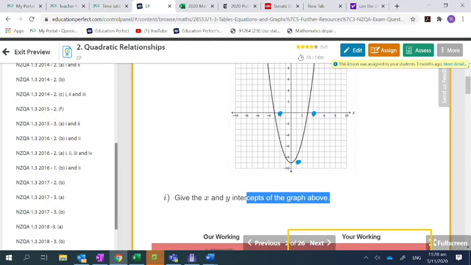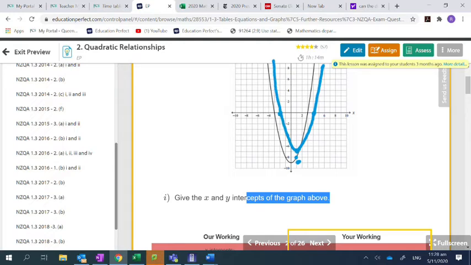But it also said that it moves 1 unit up. But wasn't it 2? Yeah, sorry, it was 2 units up. So that means the vertex is going to move to there. It's not going to change the intercepts when you move it up, right? It's just going to change the vertex.